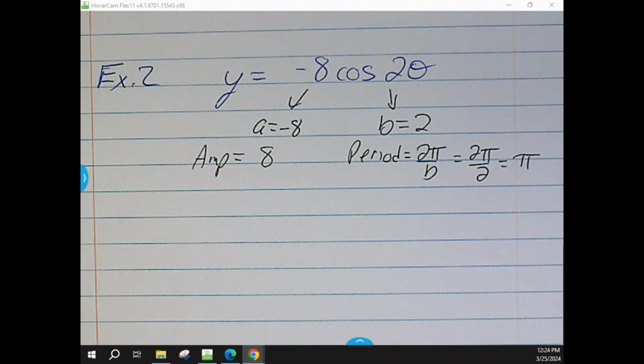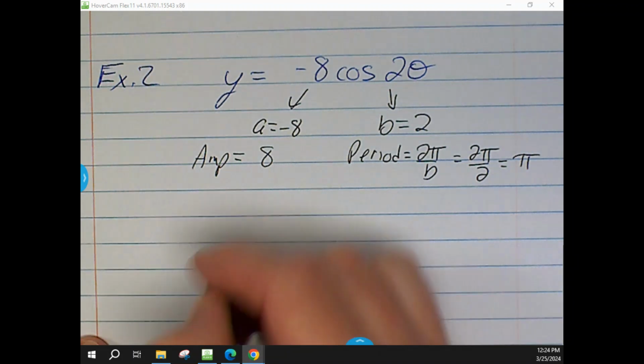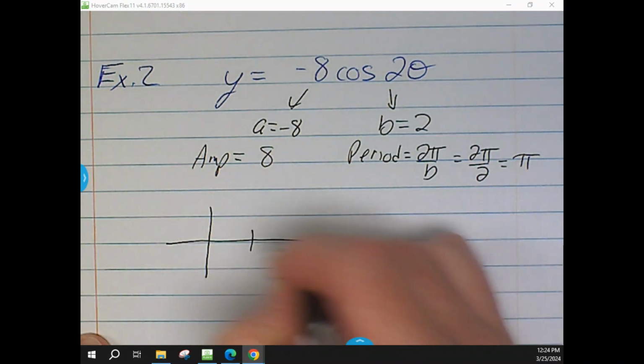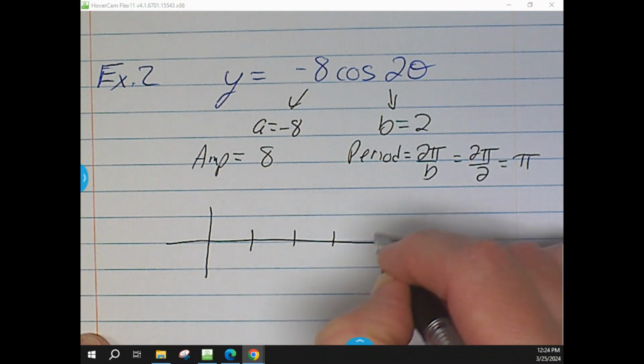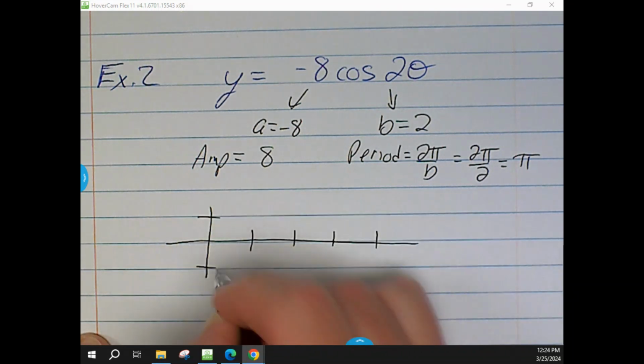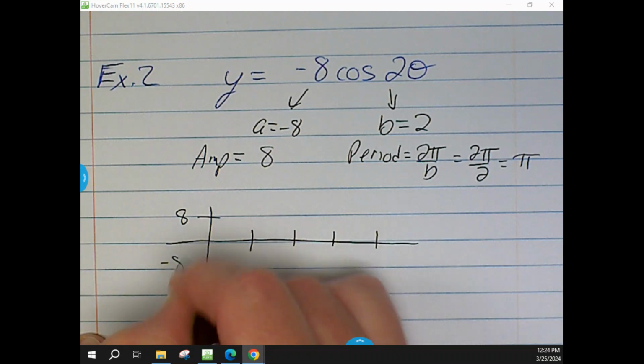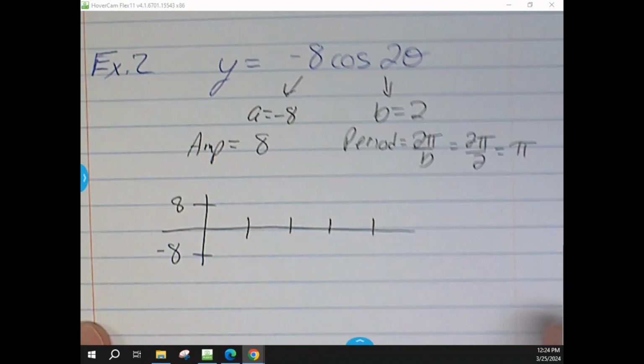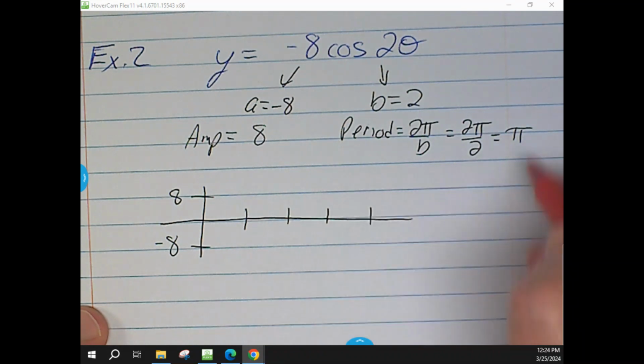Okay, and again, we'll set it up the same way. Top and bottom is 8 and -8. The period was pi, so we know that's going to stop here at pi.